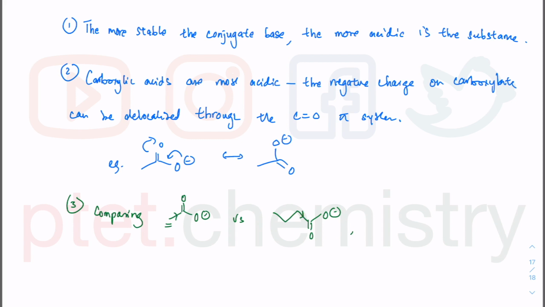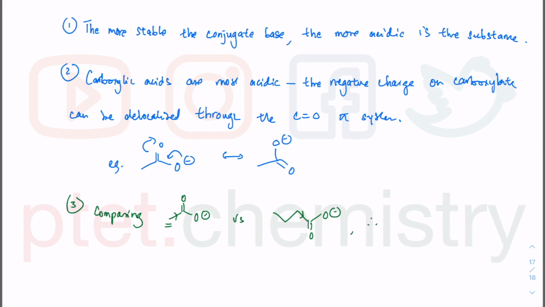In terms of the electron donating effect by inductive effect, this comes straight from the topic on inductive effect and electron donating groups of the alkyls from the stability of carbocations. Here we have a negative charge. More electron donating means you will destabilize the negative charge.